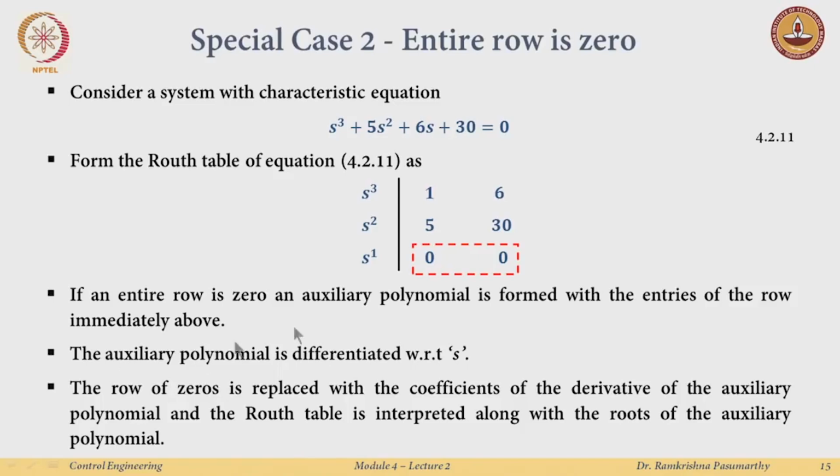And what I do is then this polynomial is differentiated with respect to s, okay, so if this is a polynomial of order 2, then I will have something of order 1 here, right. The row of zeros is then replaced with the coefficients of this differentiated auxiliary polynomial with respect to s.